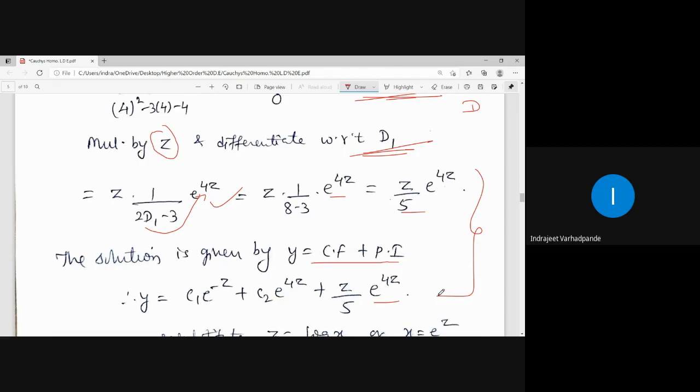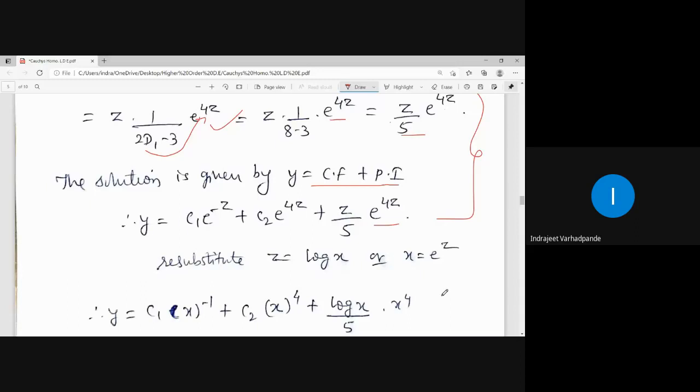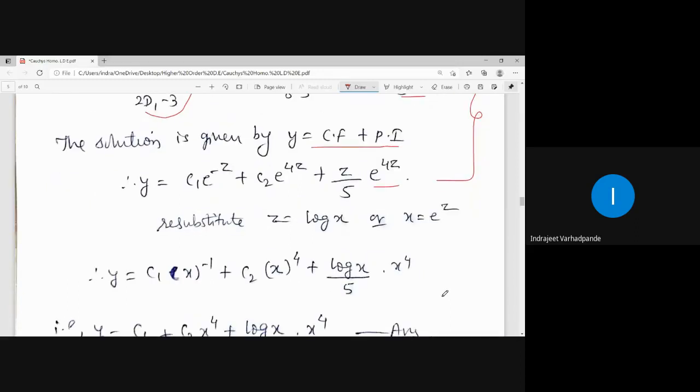So the final answer will be written in the form of x. So y is equal to CF plus PI. Y is equal to c1 e to the power minus z plus c2 e to the power 4z plus z by 5 e to the power 4z. Put e to the power z as x and z as log x.